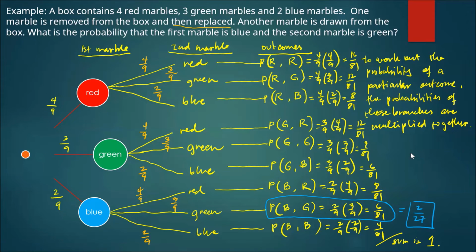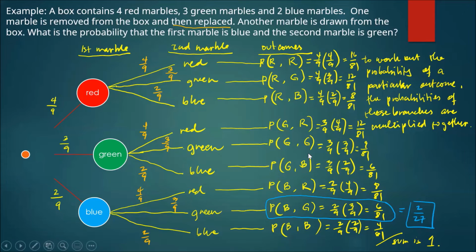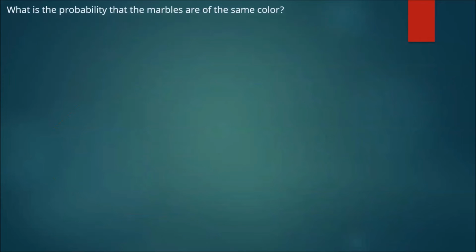Okay, now let us have another example. What is the probability that the marbles are of the same color? So let us go back to our tree diagram. When we are talking about the same color, let's write that: the probability that the marbles are of the same color.